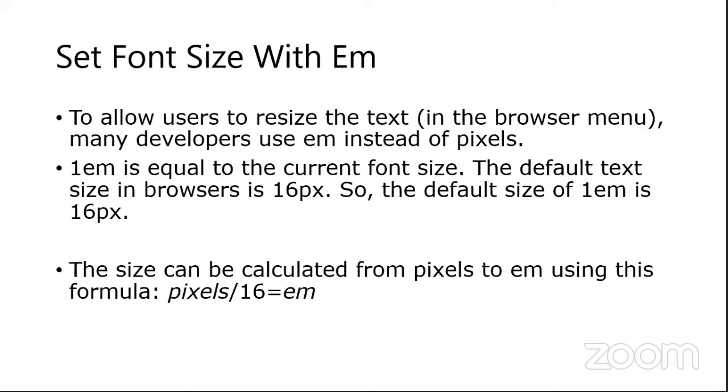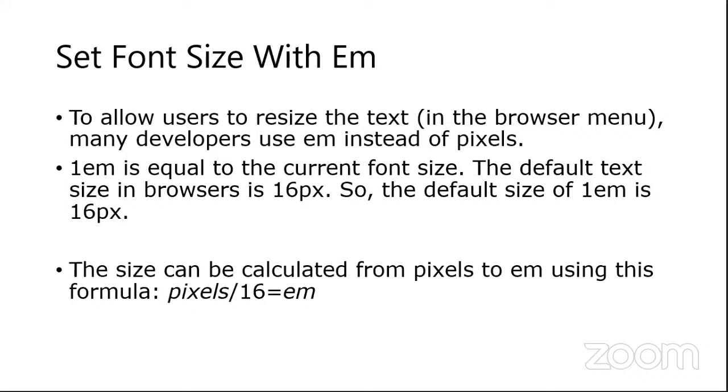So the size can be calculated from pixel to EM using this formula: pixel divided by 16 equals EM. For example, if we have 14 pixels, how can we define it in EM? We just simply divide by 16.